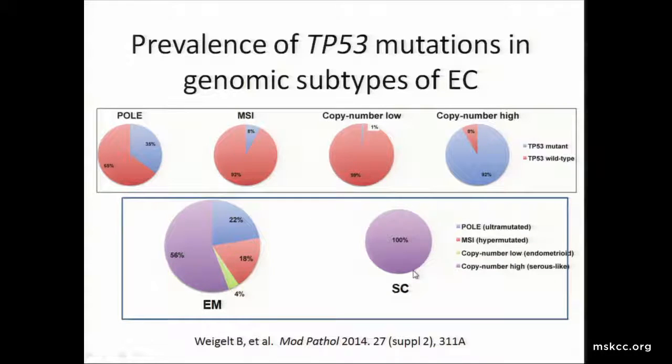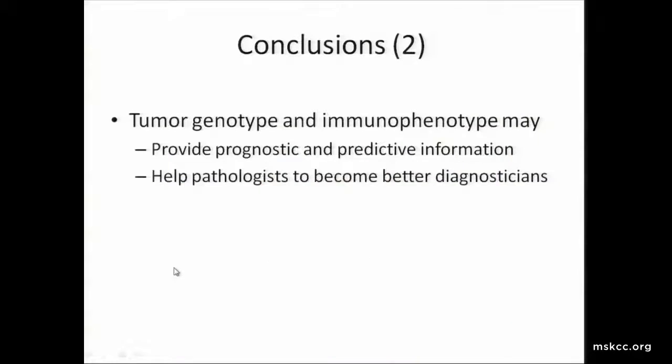Not surprisingly, 100% of serous carcinomas, or nearly 100%, have P53 mutations, but depending upon the genomic subtype of endometrioid adenocarcinomas, rates of P53 mutation range from 4% up to 56%.